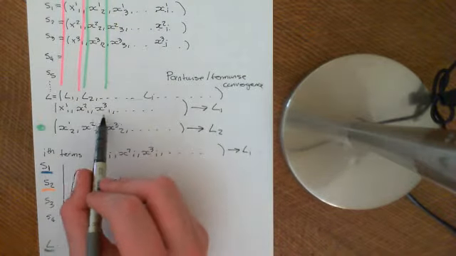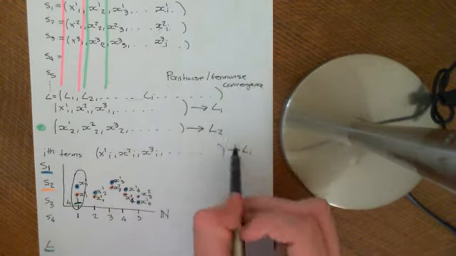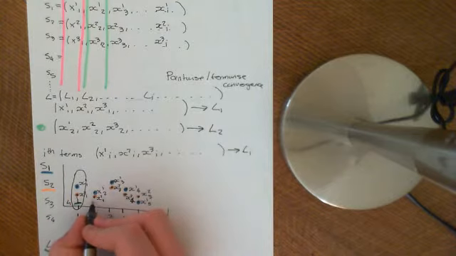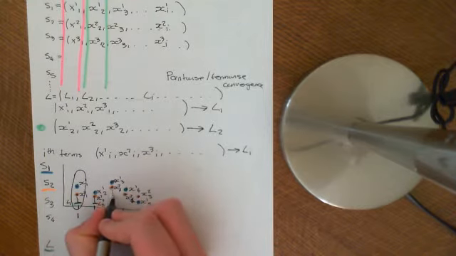So the sequence of ith terms converges to Li down here. All of these are convergent sequences converging to some value. So this is L2, converge down, let's say, to L3 down here.